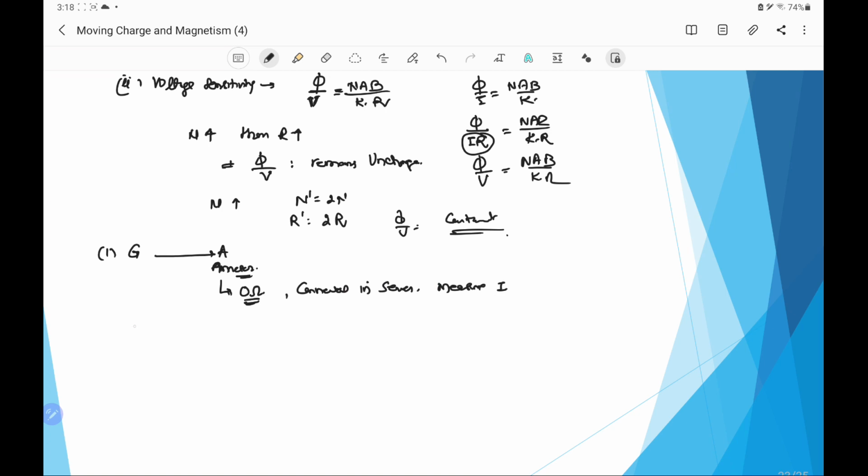While if the galvanometer is converted into a voltmeter, then ideally the resistance of the voltmeter should be infinite, that means very large, and it is connected in parallel and it measures potential difference across 2 points.